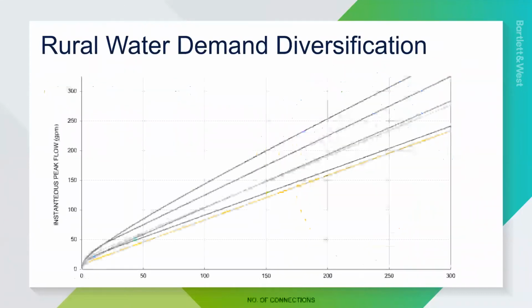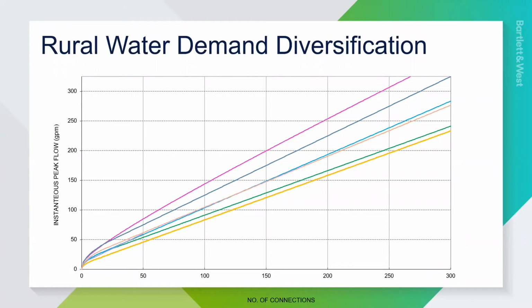And this leads to this next graph, which is our system demand curves. And these curves are based on something we call service units, or just simply the number of customers that are on or served by any distribution pipeline. And these curves can vary, as this graph shows.